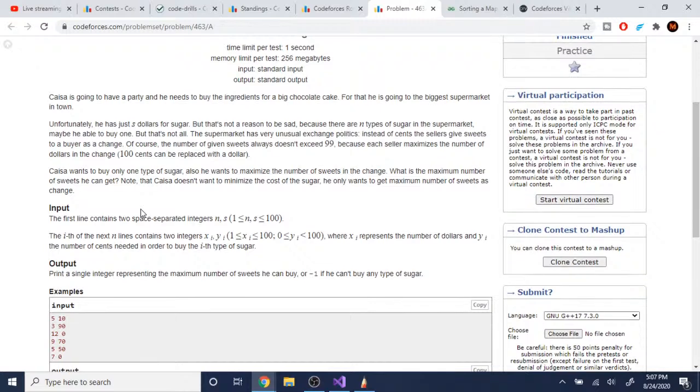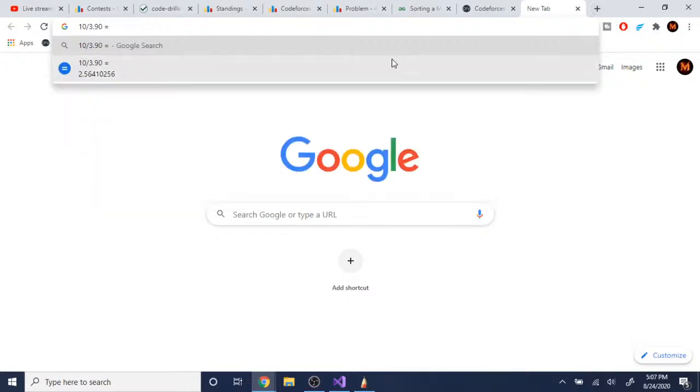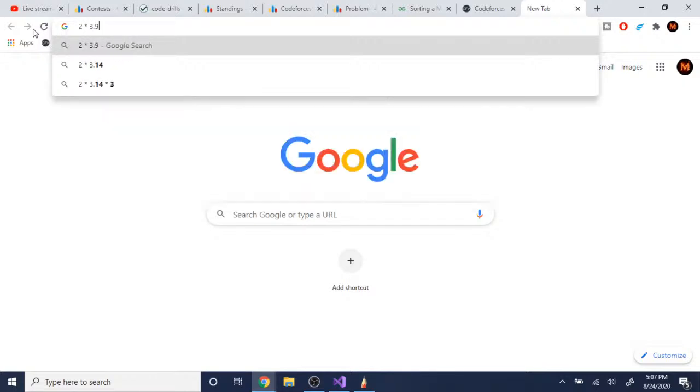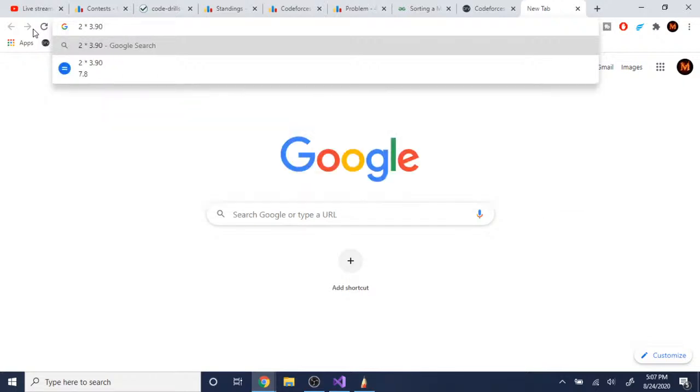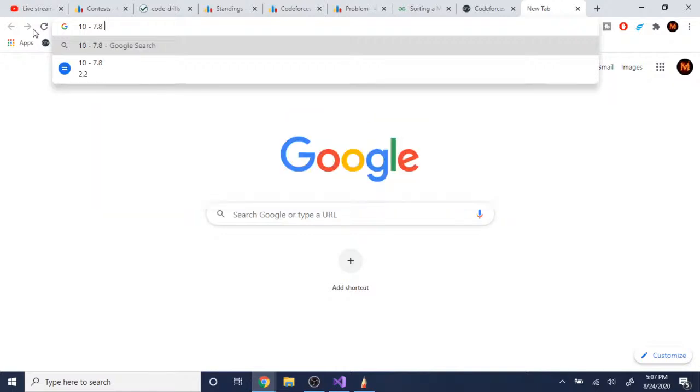If I do 10 divided by 3.90, it's going to give me 2.564. So I could do 2 times 3.90, 7.8, which gives 10 minus 7.8, 2.2. That means I get 20 cents remainder if I pick the first one.